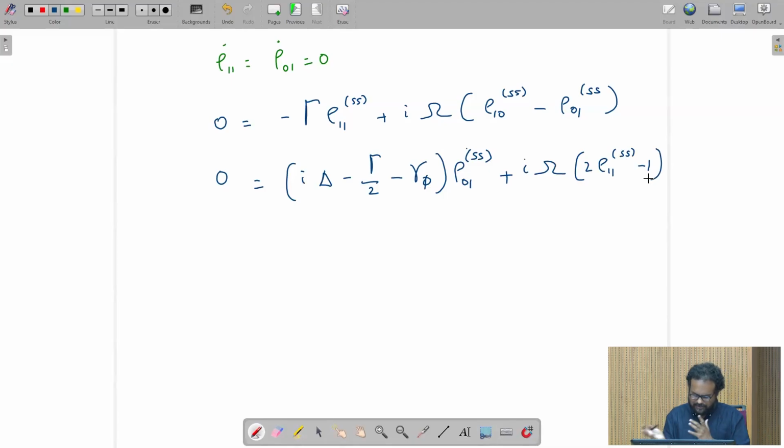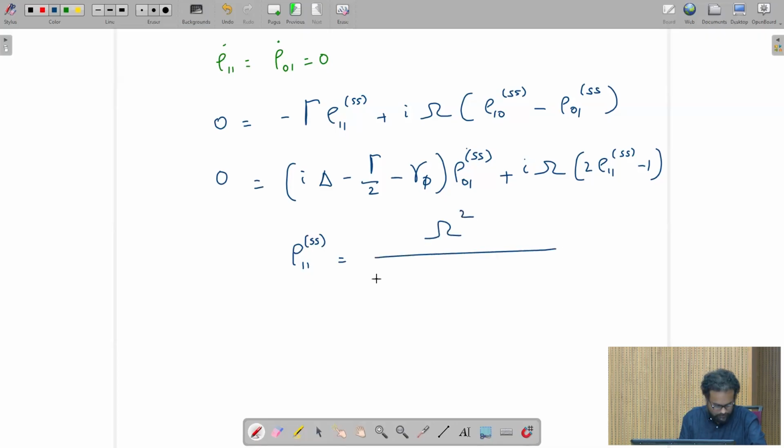Okay, looks cumbersome, but you can reorganize this, substitute for one to get the other. So for now, let's say I'm looking only at the steady state excited state population, rho 11 steady state.